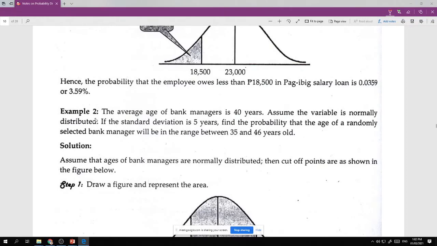Problem number 2 states, the average age, again the word average, what is that, Section Galileo? Mean. Okay, take note. That's the mean, and this is the symbol for mean. Then assume the variable is normally distributed.